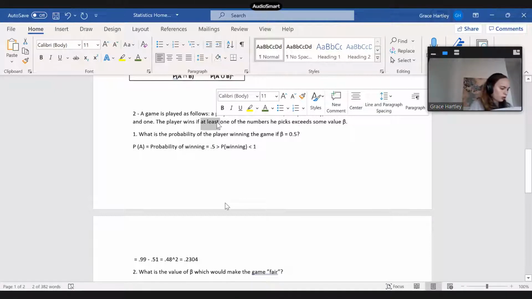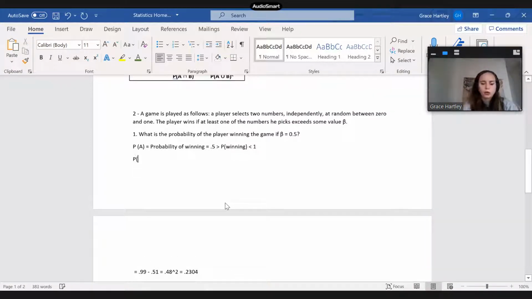So then it would be like, well, I know it's 1 minus the probability. So the probability of A complement equals 1 minus P of A, right?